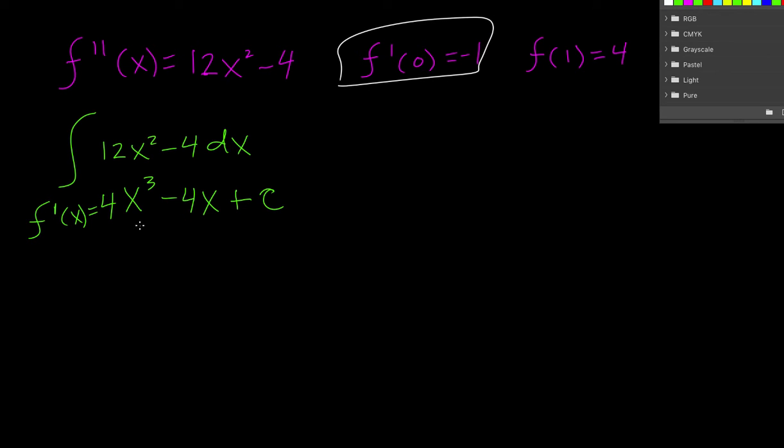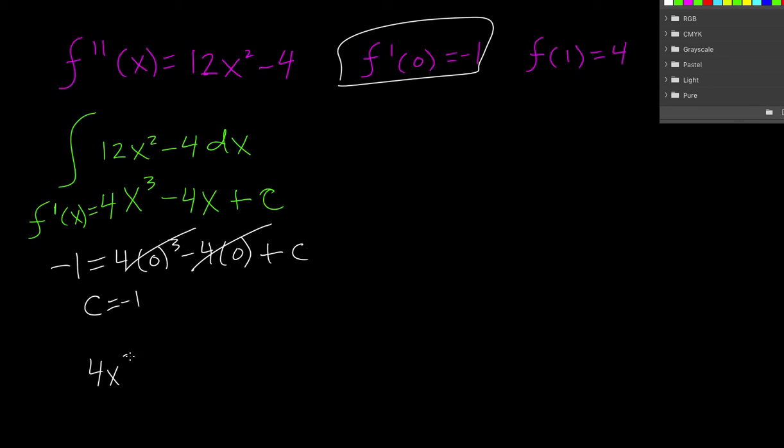So we plug in 0 for x and negative 1 for y. That's 0, that's 0. So c is equal to negative 1. And so we get 4x cubed minus 4x minus 1. And that's the full derivative function.